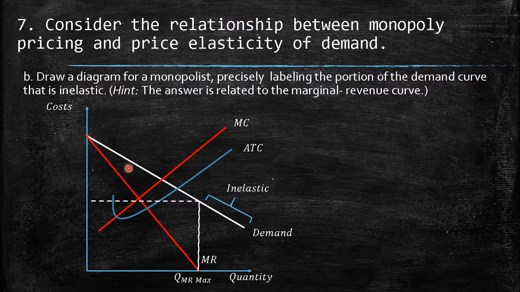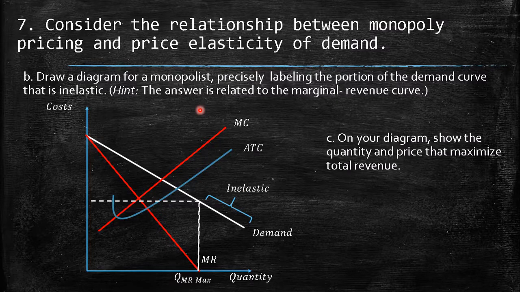So this one should be inelastic. For this reason, the monopolist won't charge in the inelastic part of the demand; they will charge under the elastic part. So then on your diagram, show the quantity of price that maximizes total revenue.